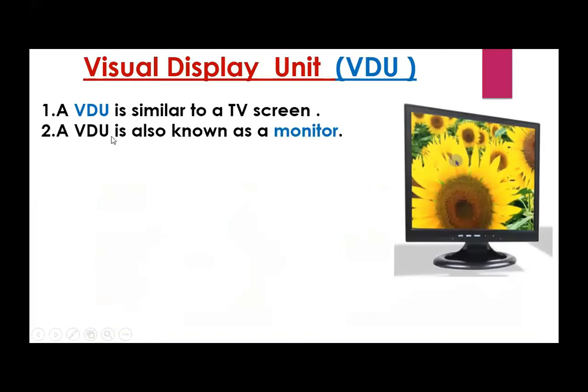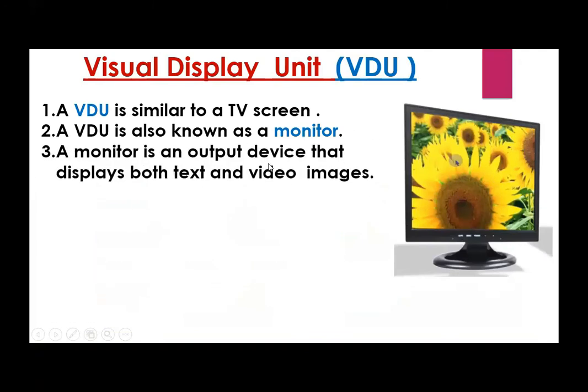Visual display unit, yes, the monitor. A monitor, or video display, is similar to a TV screen, as you see here. A monitor is an output device that displays both text and video images.